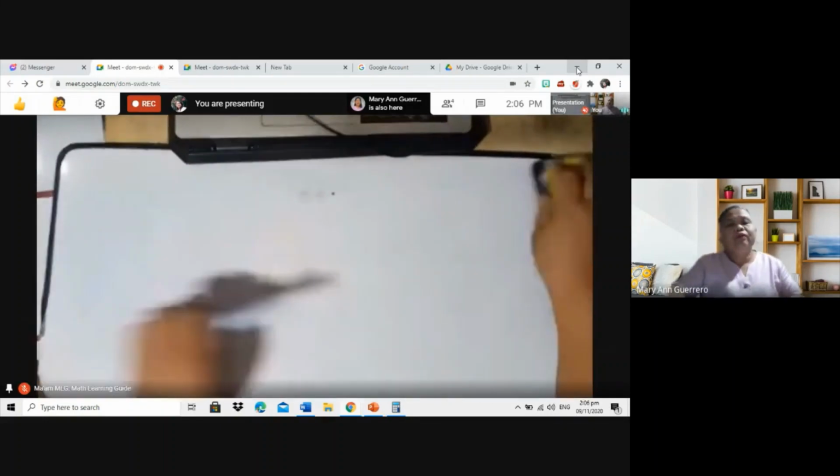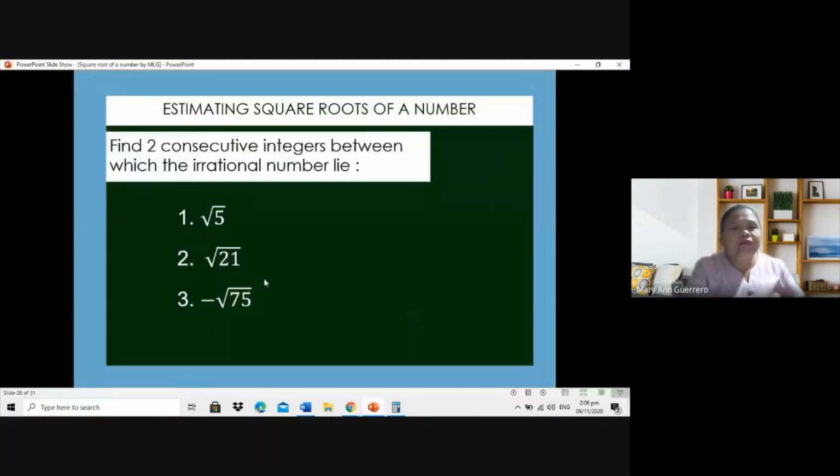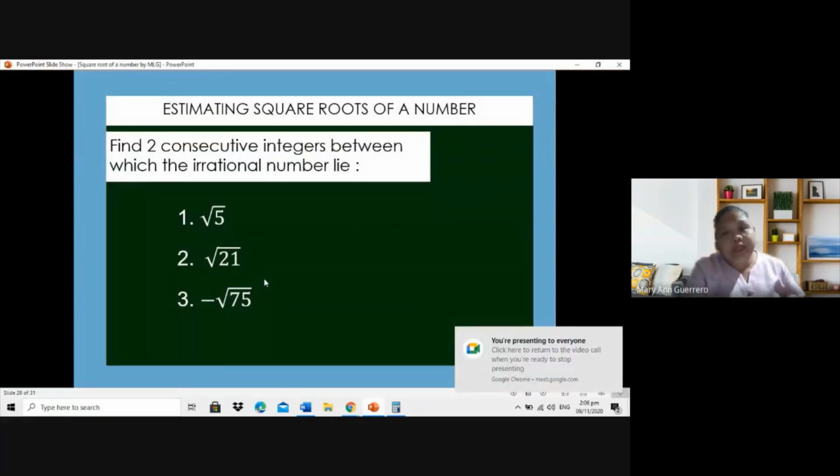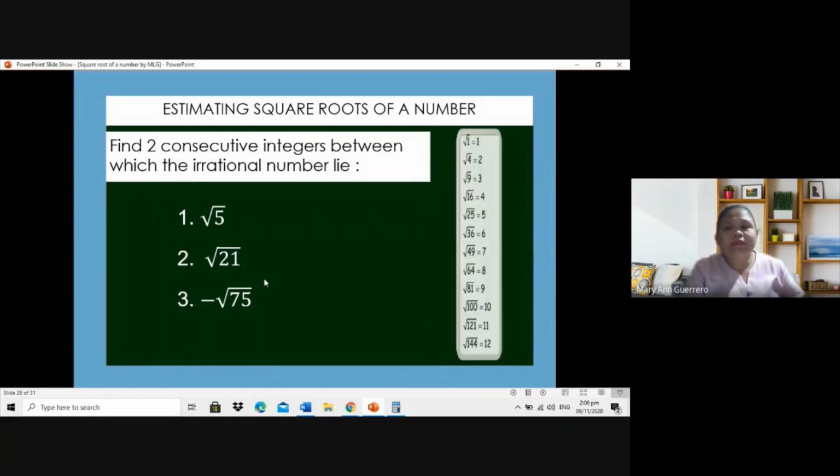So, that's how to approximate the value of a non-perfect square number. Just think of two consecutive integers between which the square root of a number lie.